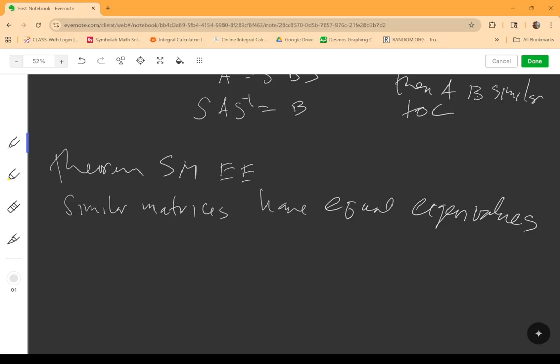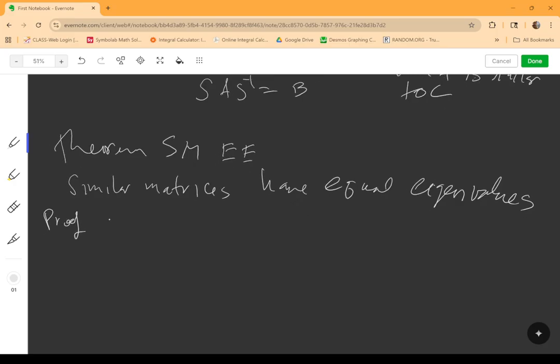So why is this true? In our proof, let's recall that A and B are similar. Just keep that in mind as our hypothesis, we assume this to be true.